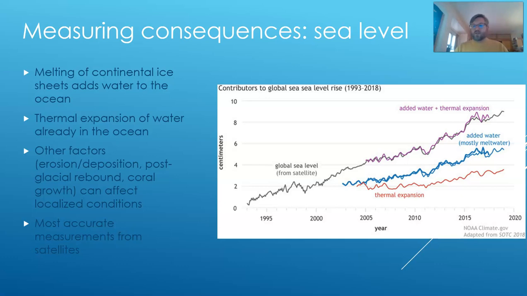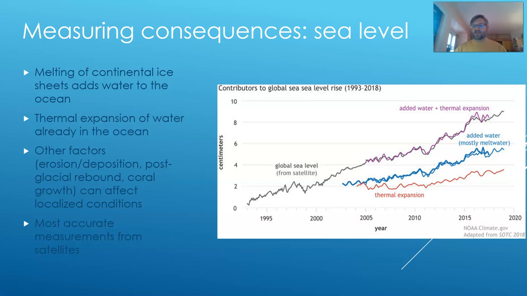We have post-glacial rebound. In areas of the world that used to have a gigantic ice sheet sitting on top of them during the last ice age, the ice squished down the rock. And we're still kind of rebounding. The rock is slowly bouncing back from not being weighed down by all of that ice.